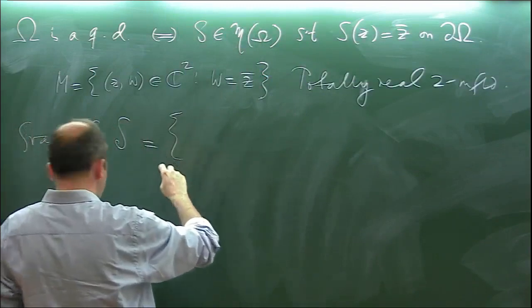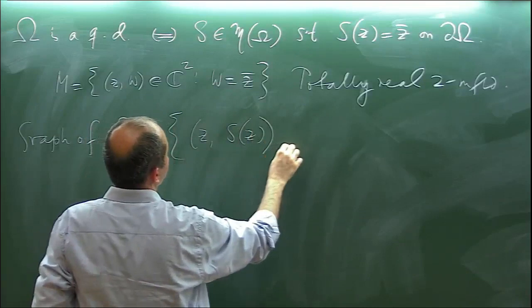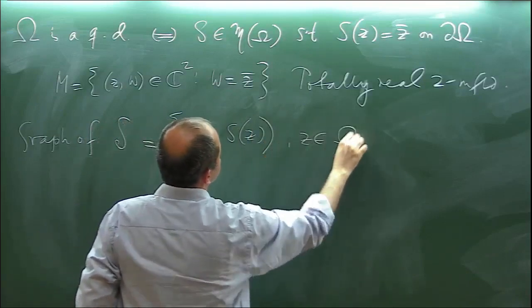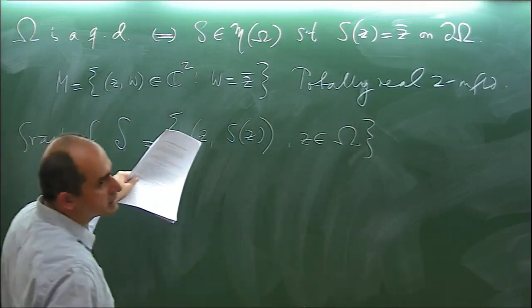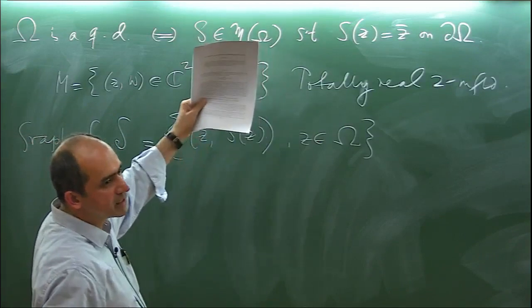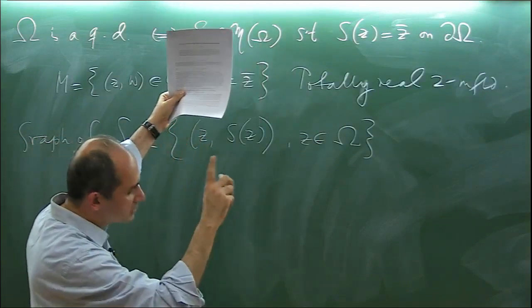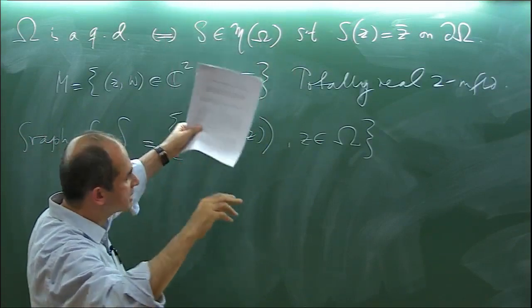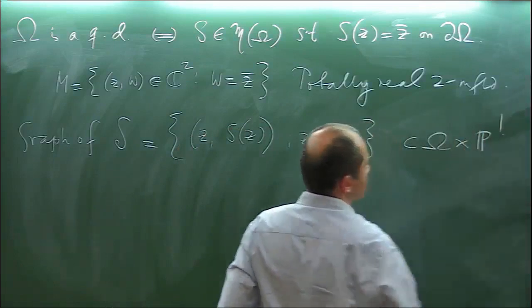So the graph of S, this is Z comma S of Z, Z in omega. Now the graph of S is a one-dimensional variety in C2. But S has poles, so I have to be careful. It's a variety in omega cross P1.